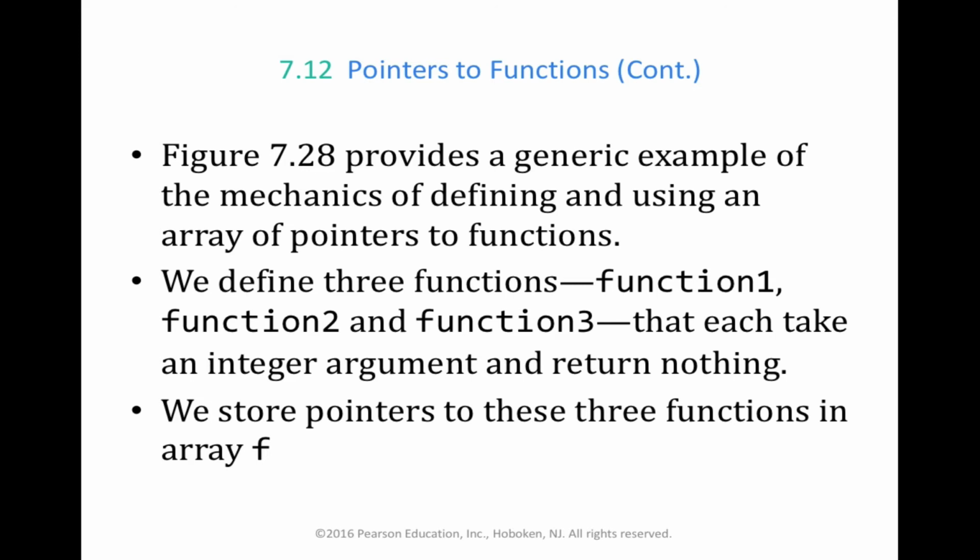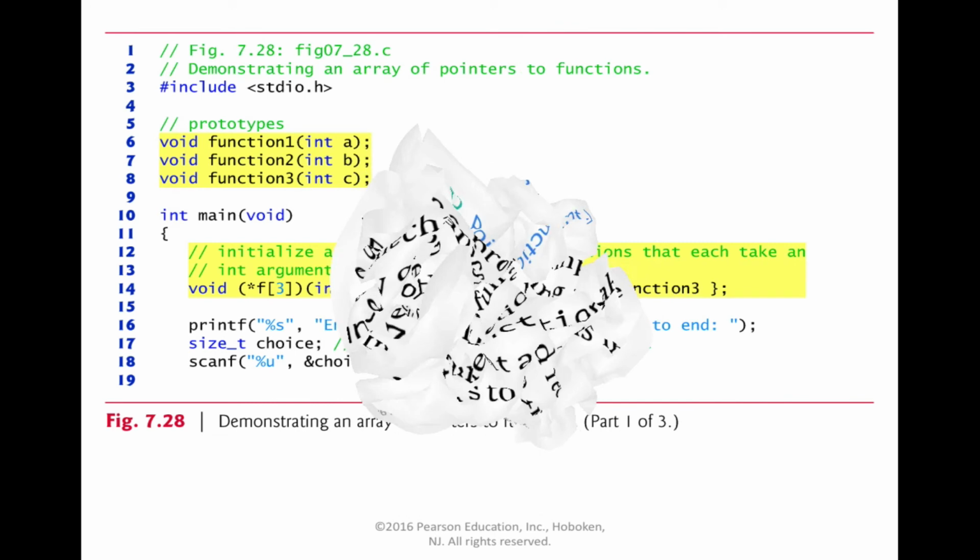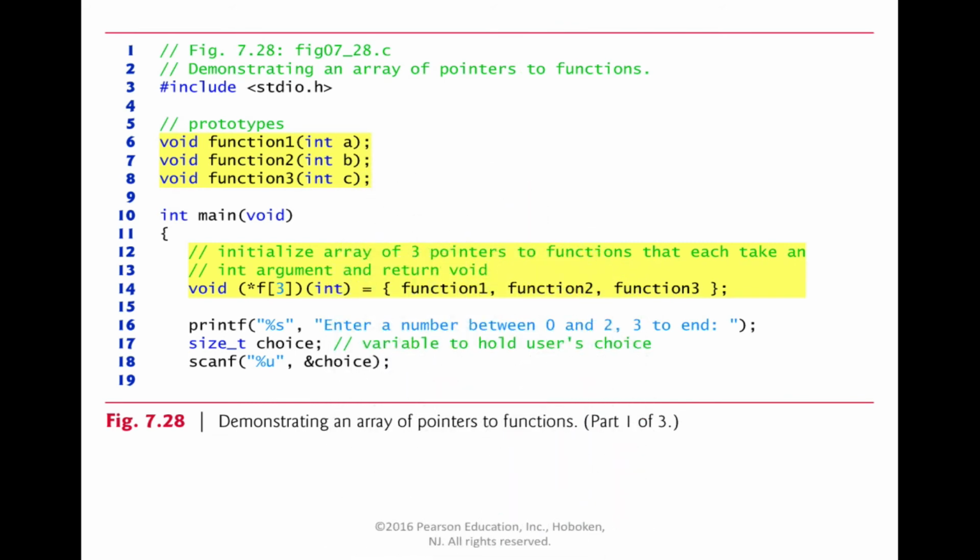We're going to look at a kind of generic example of using an array of pointers to functions. We've got 3 functions, function 1, function 2, and function 3, that take integer arguments and return nothing. We're going to store those pointers in an array of functions called f. So let's take a look at that. We've got 4 method prototypes, functions 1, 2, and 3, all take integers.